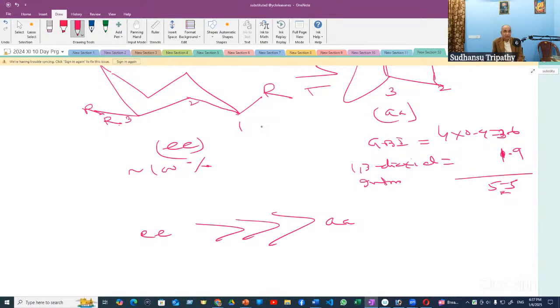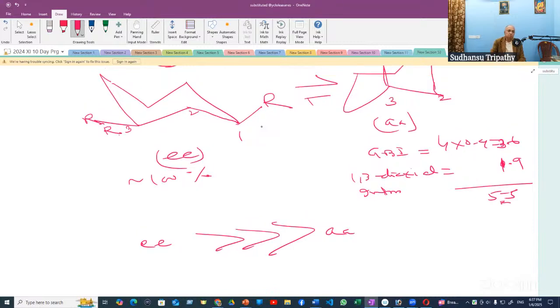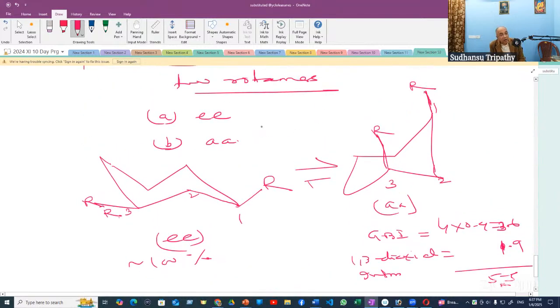It's not exactly 100%. But interestingly, both are meso. There is a plane of symmetry passing through 2 and 5. You cannot visualize, you can visualize here. Same thing happens there also, 2, 3, 4, 5. So you can visualize a plane, not an axis.